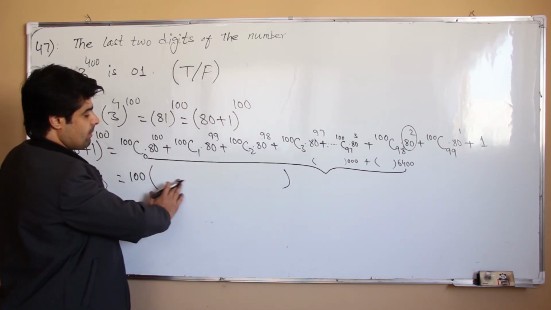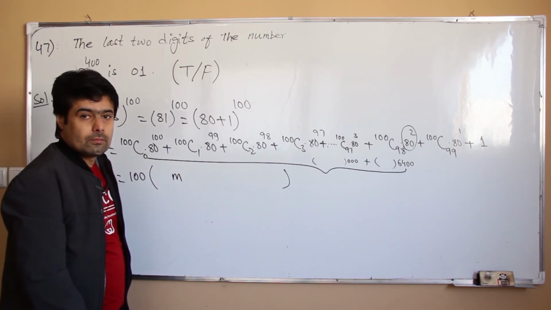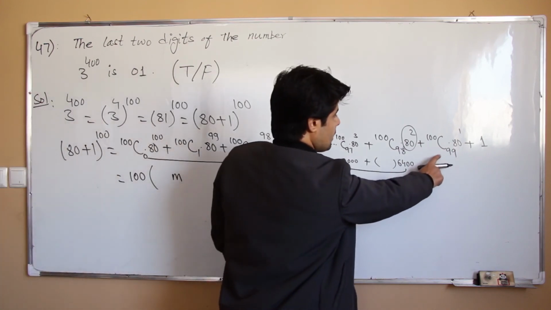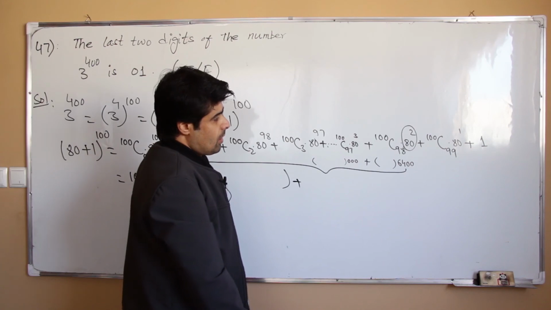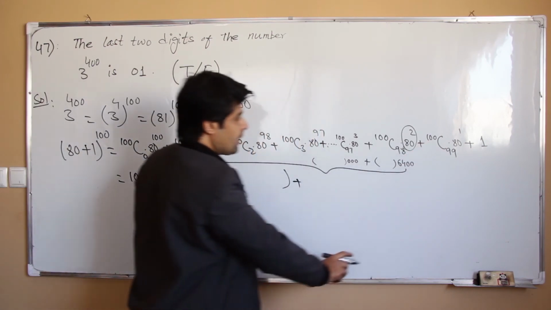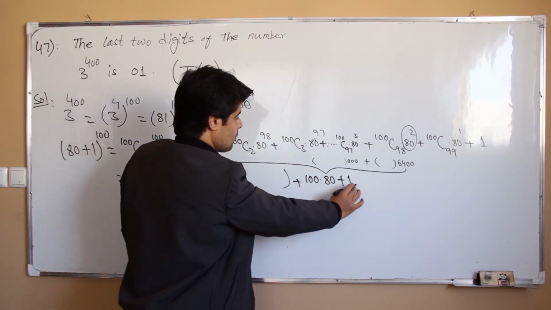This is some number, which is m. Plus, what do you think here? What do you think here? 100 divided by 100 is 99. It is 100 times 80 plus 1.